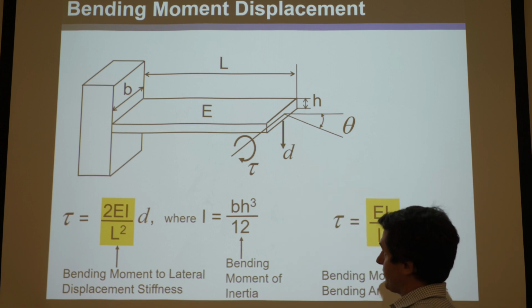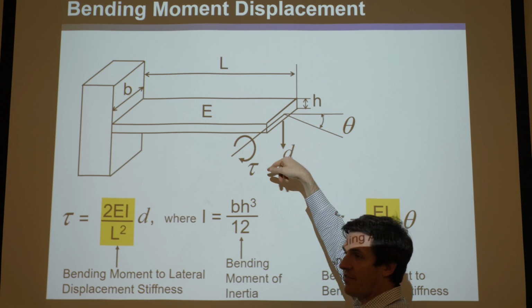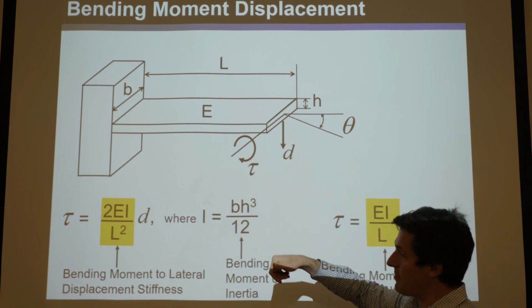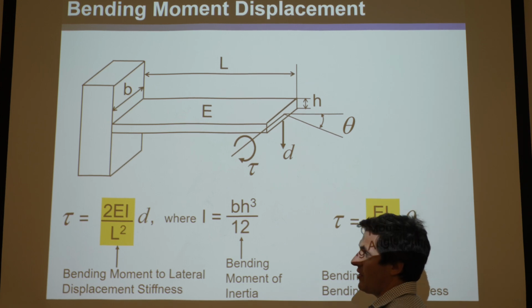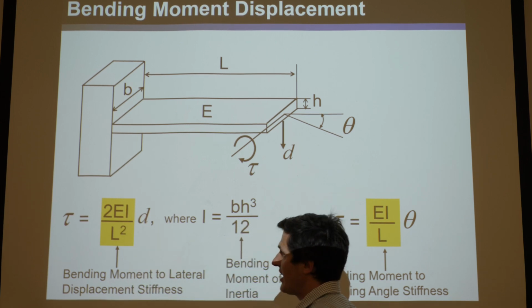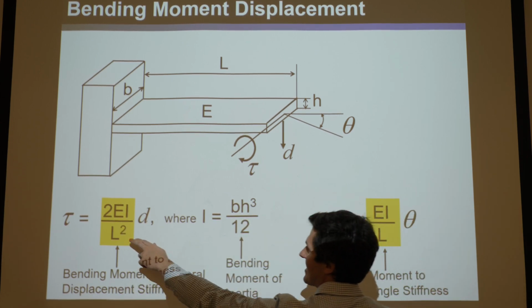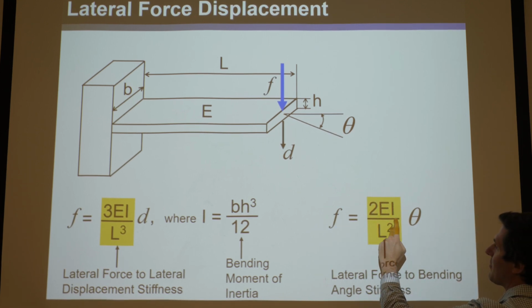Interestingly enough now, if you torque this in the bending direction, say I torque it like this, this beam will also deflect. If you put a moment on it to bend it, it will deflect and it'll rotate. And if you then find the other stiffness, which is torque to displacement, you see it's the exact same as force to theta. So going back here is force to theta, 2EI over L squared.